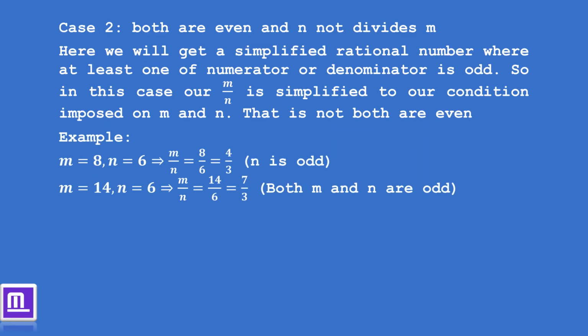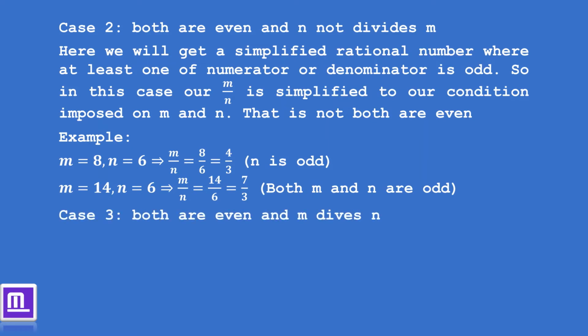Let us see an example. Take m is equal to 8, n is equal to 6. 8 by 6 can be simplified to 4 by 3. Here look at the denominator, which is 3. Here n is odd. Similarly, m is equal to 14 and n is equal to 6 will give you 7 by 3. Both m and n are odd here, both the numerator and denominator.